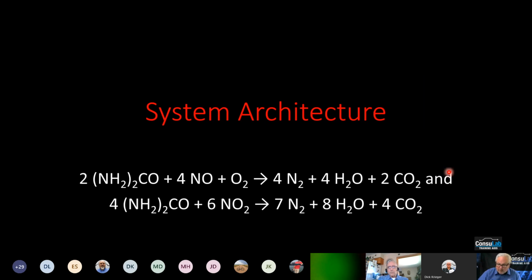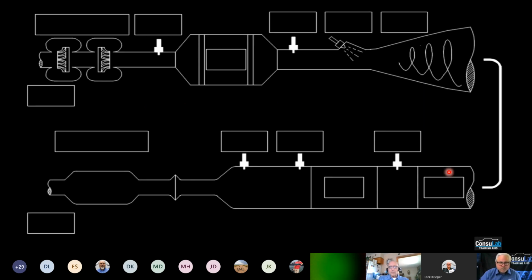System architecture of our unit. I'm going to give you a moment here. Here's your wayfinding. This is the turbocharger, where my pointer is, where the exhaust enters the system. Each time you see one of these boxes, that's a text box, and I'll show you in a second what that is.